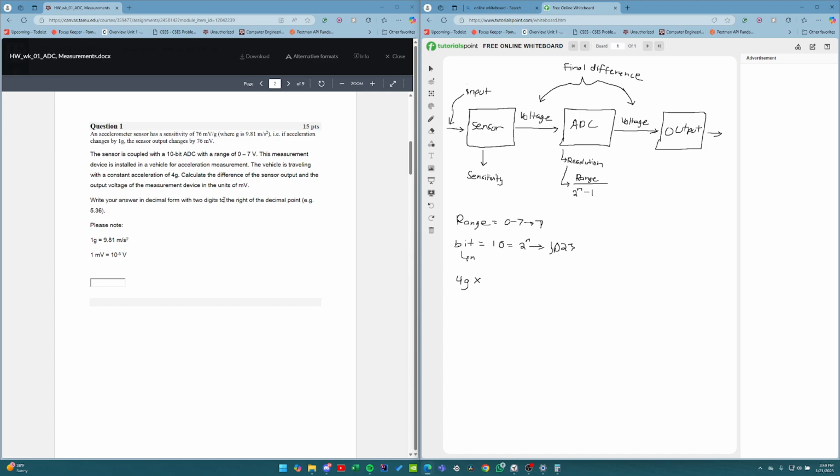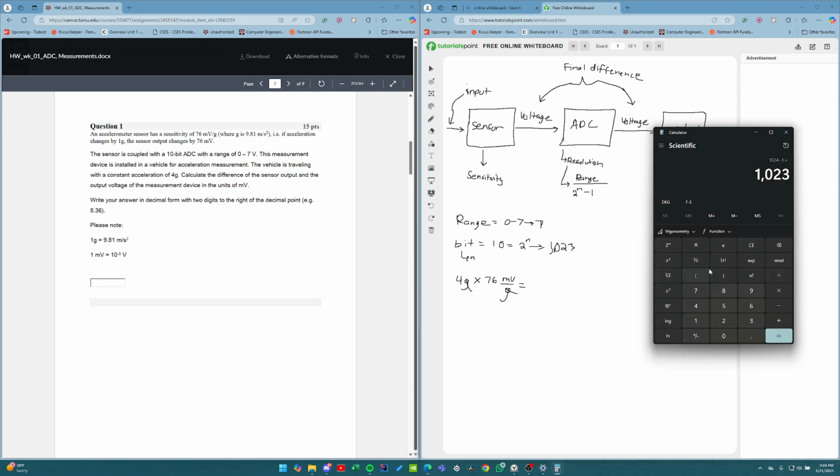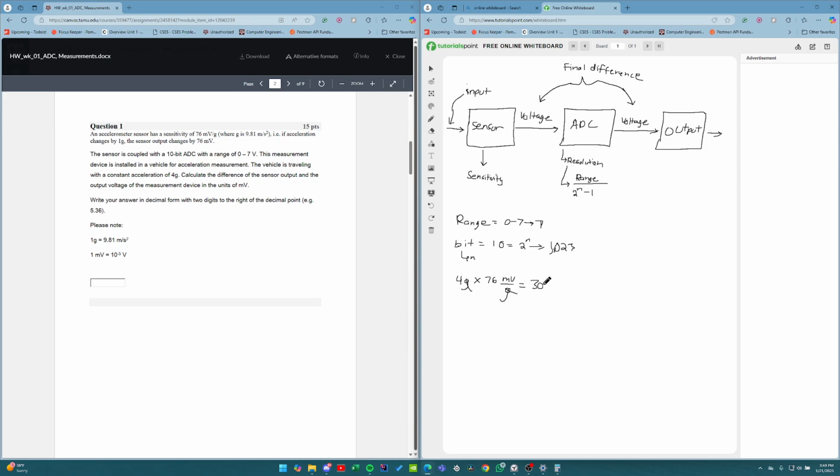See how the sensitivity is 76 whatever? If you don't want to think too much, use dimensional analysis: mV over G, and the G's cancel out. Now you get 4 times 76, which equals 304 mV.